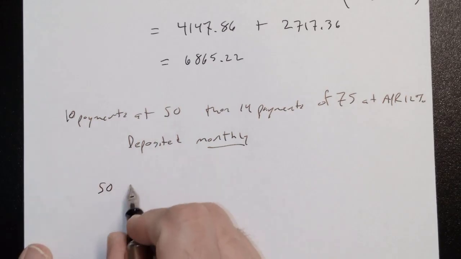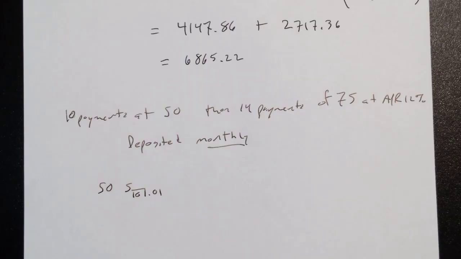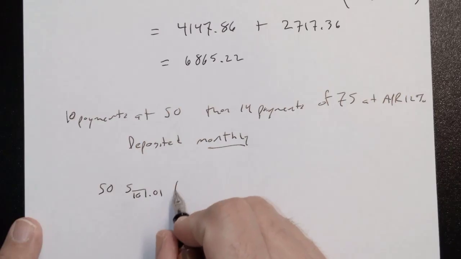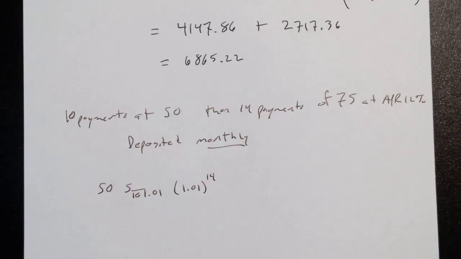So that's 50 S 10, 0.01, APR of 12%, but I'm making them monthly. But at the end of 10 payments, that money is going to sit in the bank and just earn interest. So I'm going to also multiply by 1.01 to the 14th.